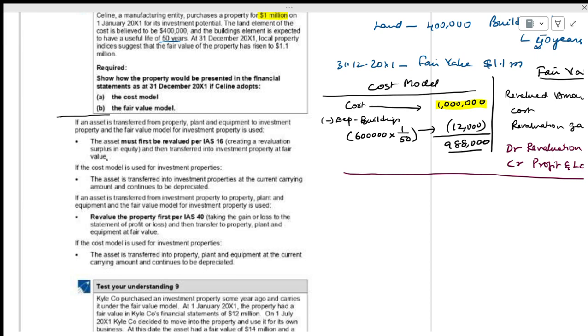If the asset is transferred from property, plant and equipment, when you are transferring one asset, sometimes what will happen, you are transferring from property, plant and equipment to investment property.